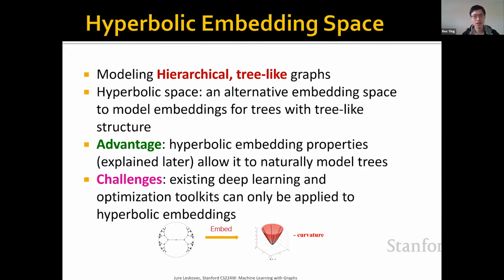However, there are certain challenges when we combine deep learning and hyperbolic spaces. The primary reason is that existing deep learning toolboxes can only be applied to a Euclidean space, whereas in hyperbolic space, we need to define special operators to perform these deep learning operations.